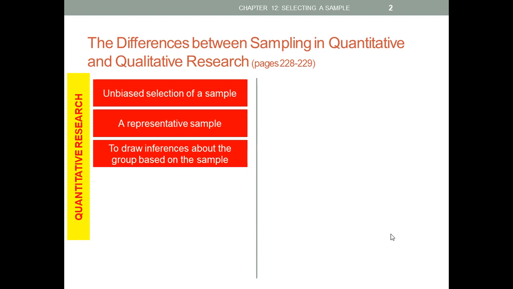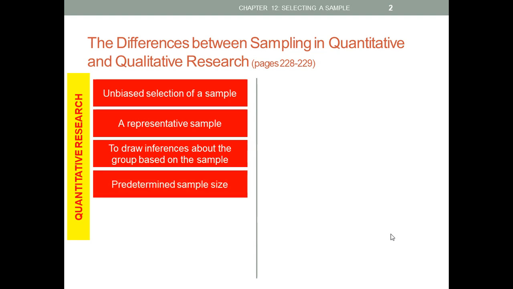So that is a key purpose, a key intention for a quantitative researcher: their ability to draw conclusions, or draw inferences, or generalize the results.